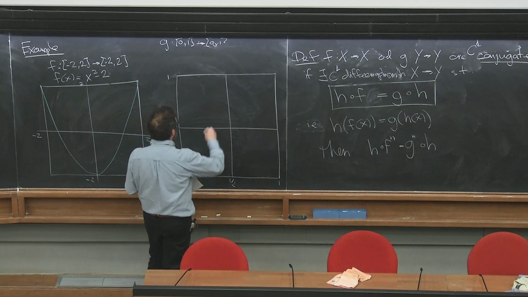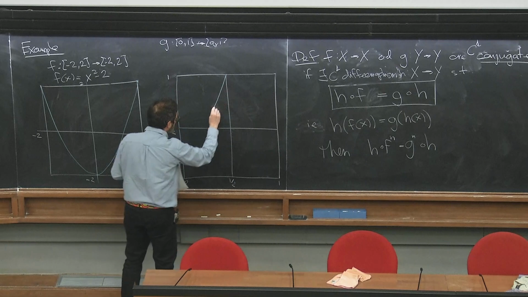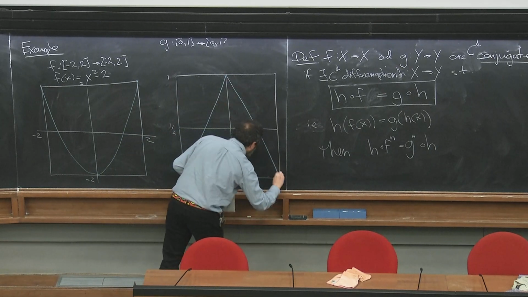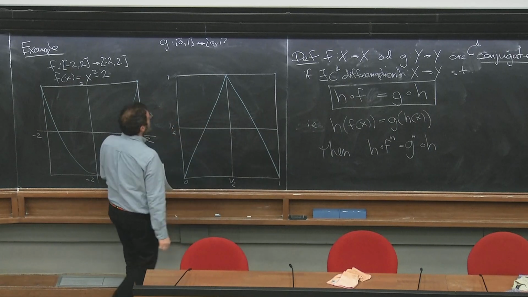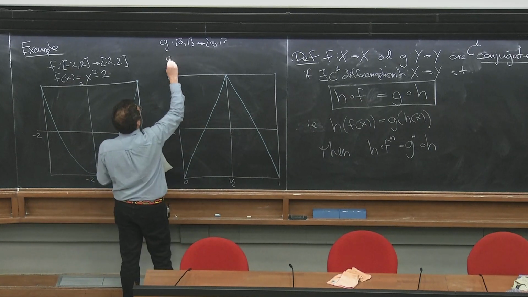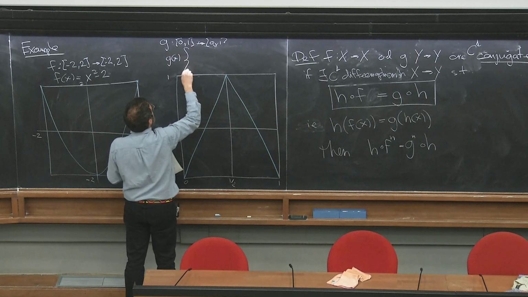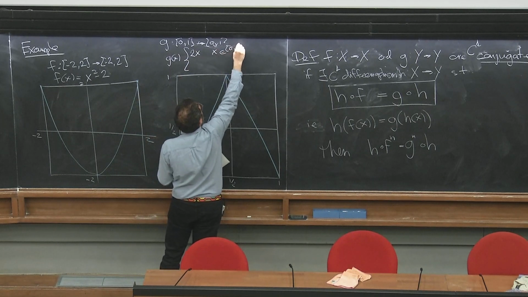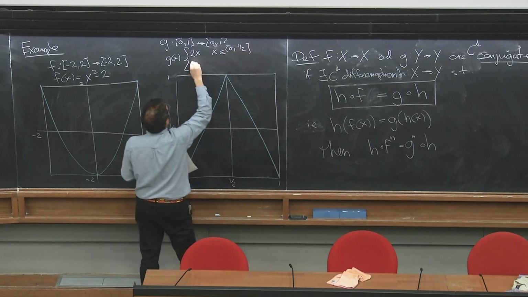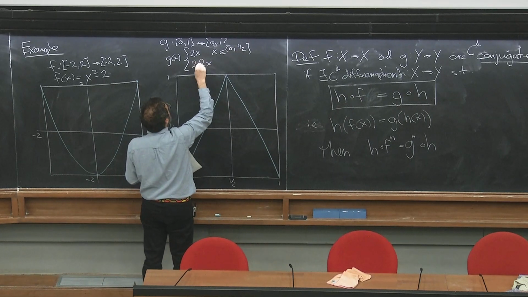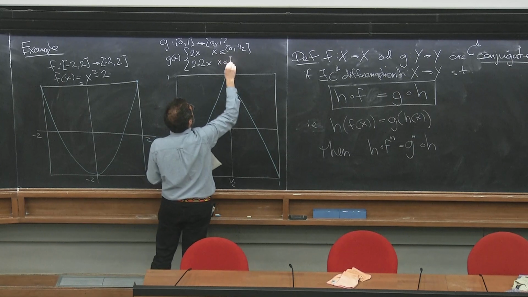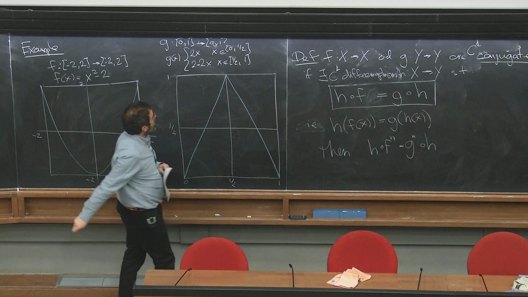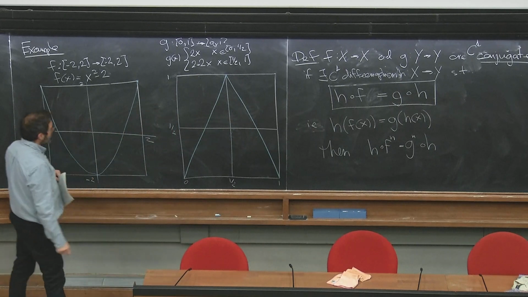And this map is going to be this map here. So g of x is equal to 2x if x is between 0 and 1/2, and 2 minus 2x if x is between 1/2 and 1. I put the closed intervals on both sides because it doesn't really matter.